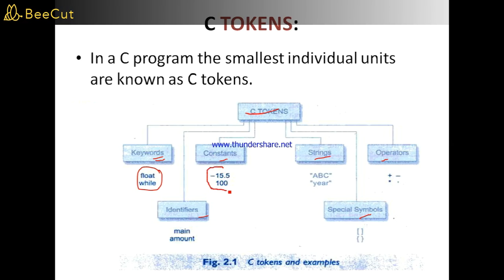Then followed by constants. Constants are fixed values. Their value cannot be changed during the execution of the program. If it is 15.5, it has to be 15.5 only.